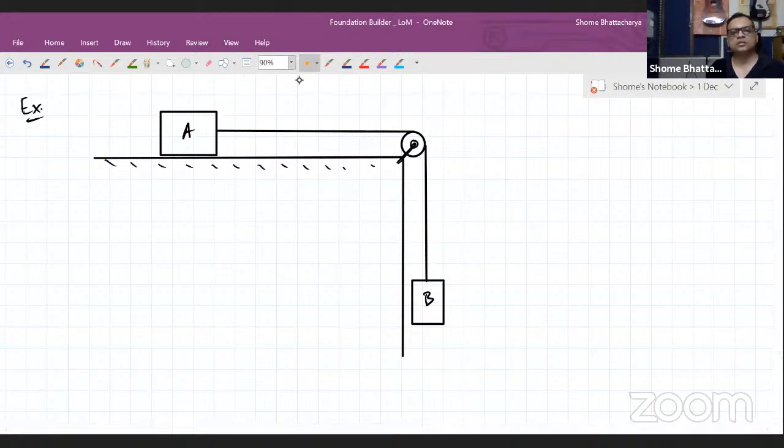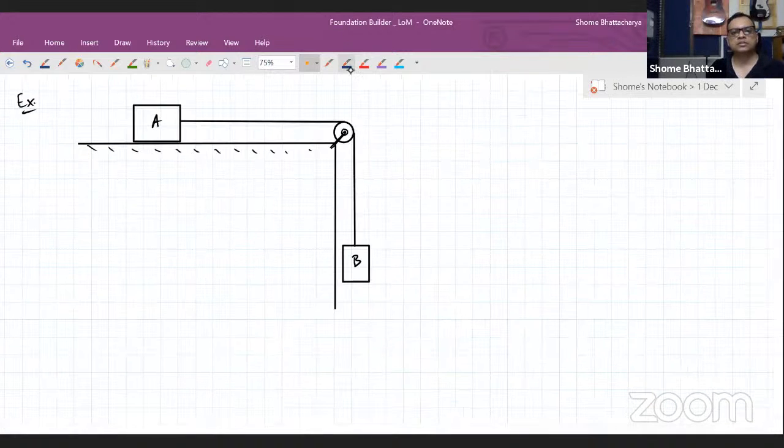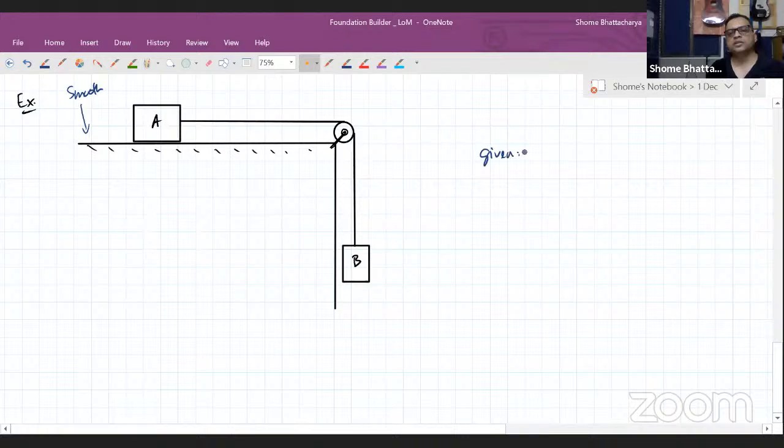So this is again a smooth surface. So this time given to us that mass of the block A is, let us say, 6 kilograms. Mass of the block B is 4 kgs, and take g as 10 meters per second square.